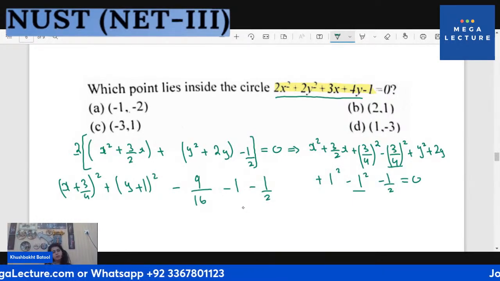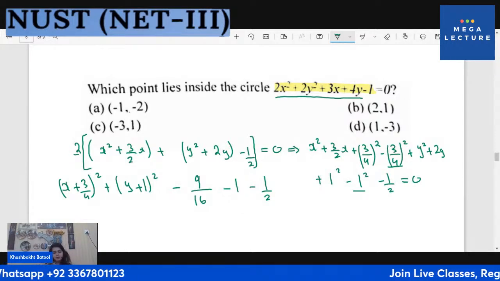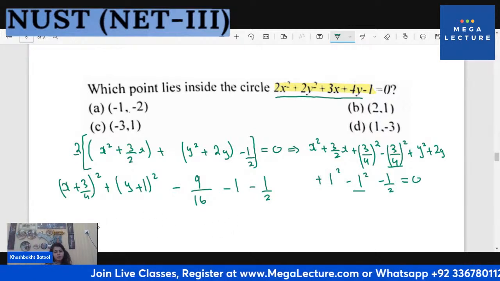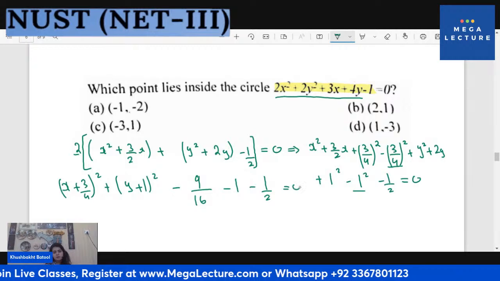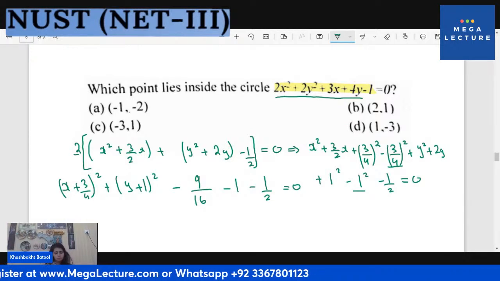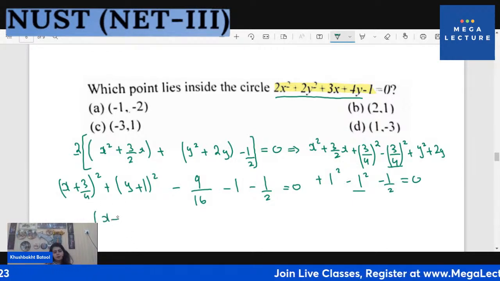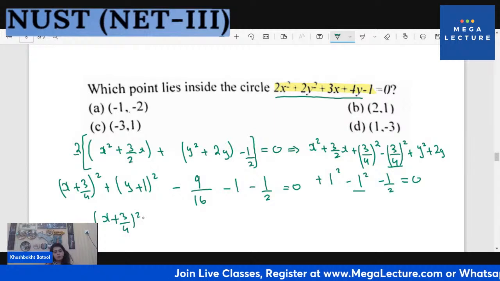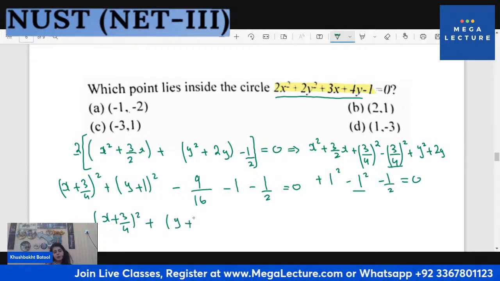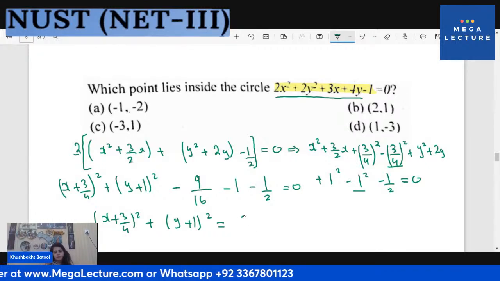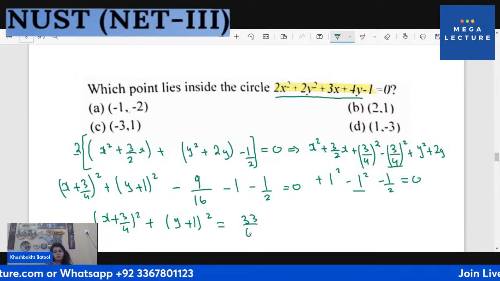Okay, now we can just simplify this and just find the values for all of them. So it would give me x plus 3 by 4 squared, y plus 1 squared equals 33 by 16.